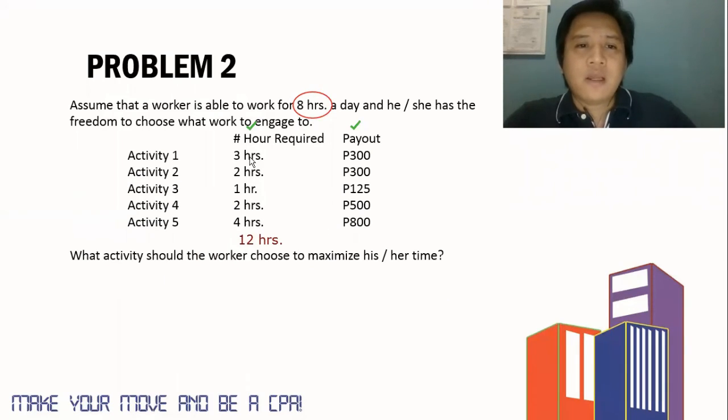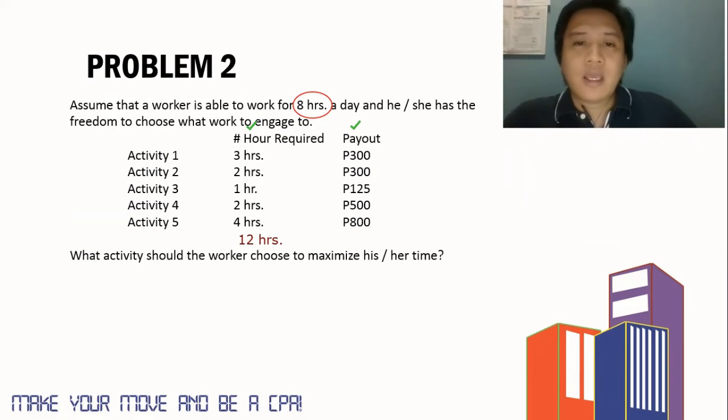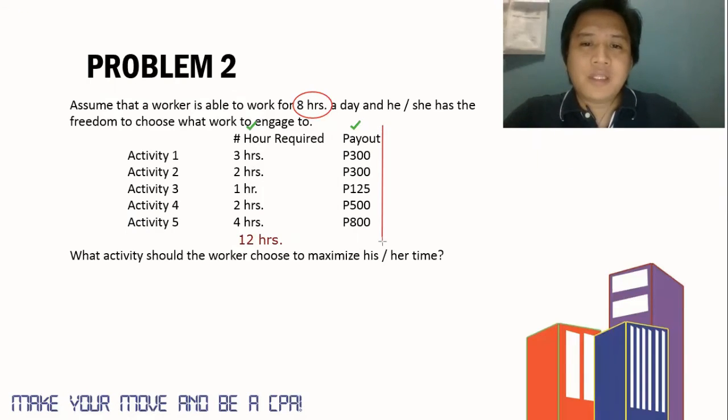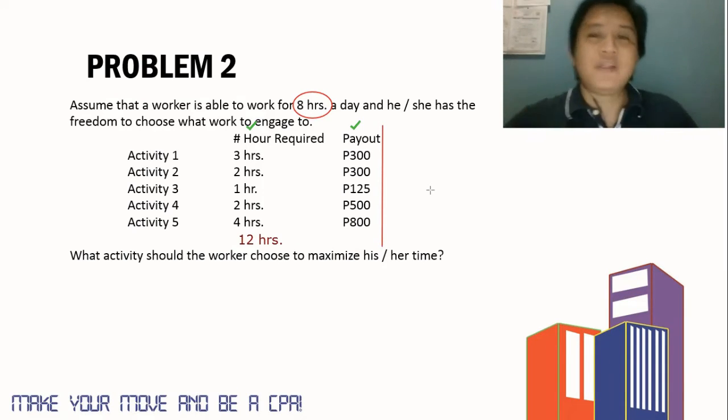Iba-iba yung number of hours, iba-iba rin yung payout. However, we can simplify this by having a standard. We have to make all activities comparable.